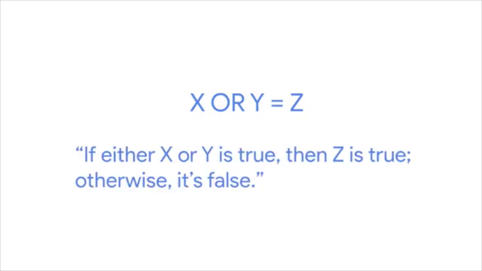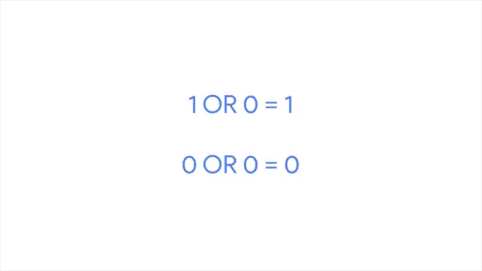The basic equation is x or y equals z, which could be read as if either x or y is true, then z is true. Otherwise, it's false. Therefore, 1 or 0 equals 1, but 0 or 0 equals 0.